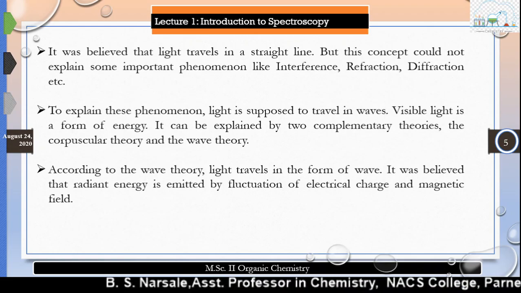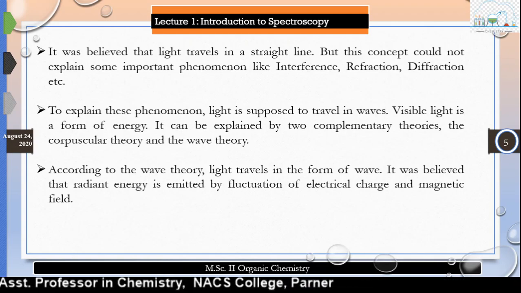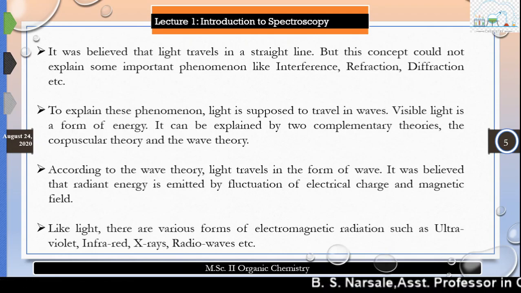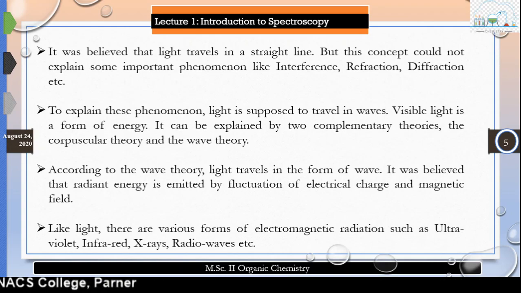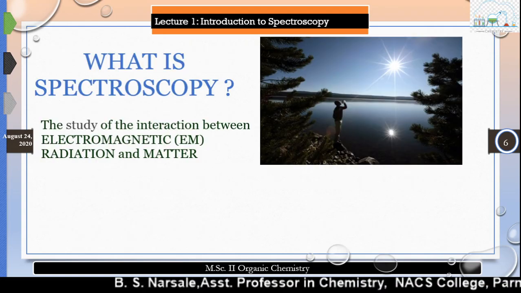Due to this electric charge and magnetic field, the fluctuation is considered as a wave. The different electromagnetic radiations, ultraviolet light, infrared, X-ray, and radio wave, are similar forms of light.